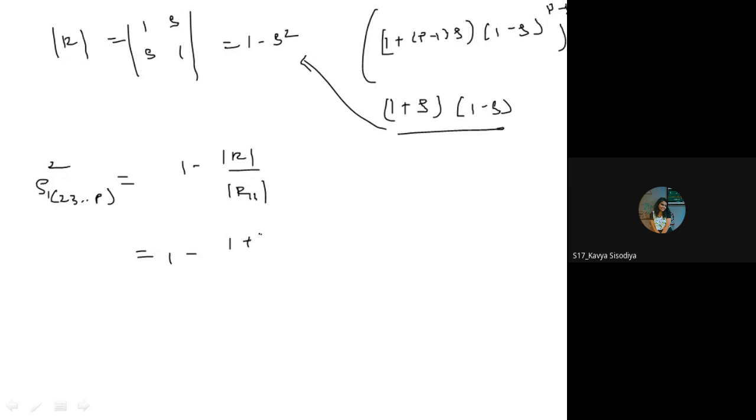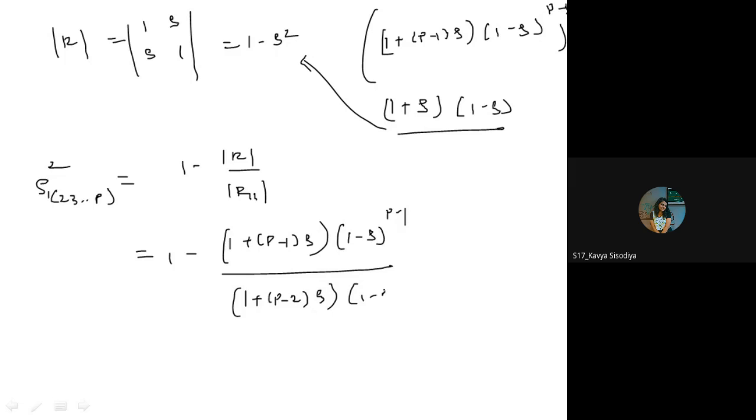It is 1 plus p minus 1 rho into 1 minus rho raised to p minus 1. And what about the cofactor of R11, rho 11? It is nothing but 1 plus p minus 2 rho into 1 minus rho raised to p minus 2. So this will cancel out.